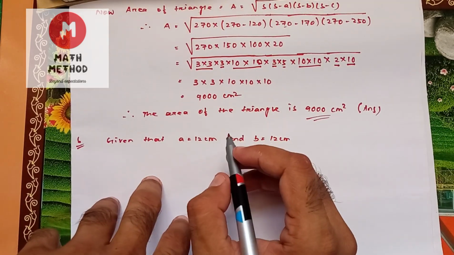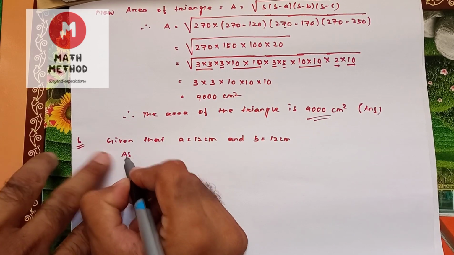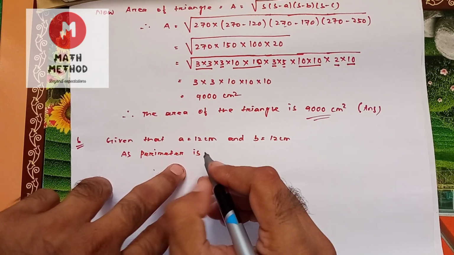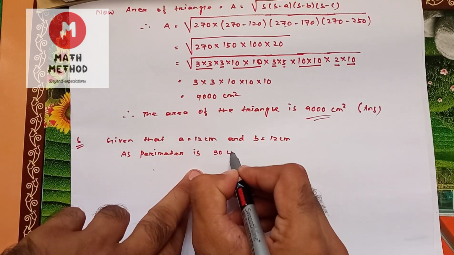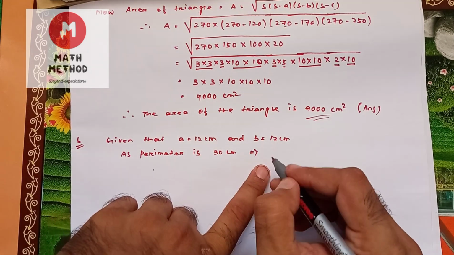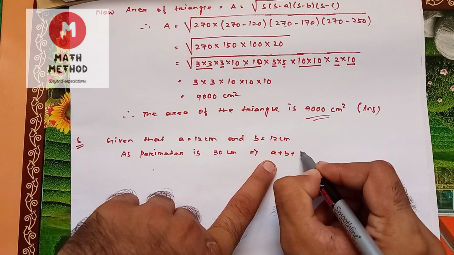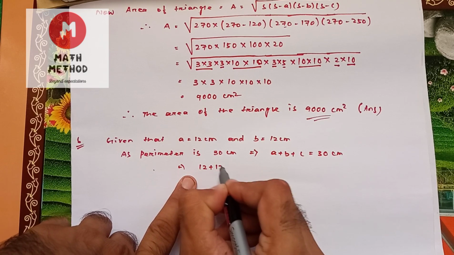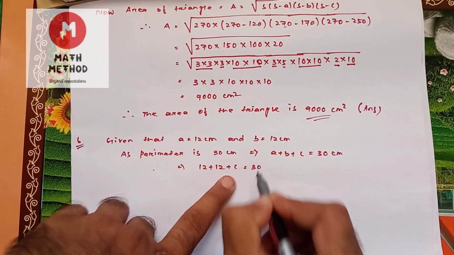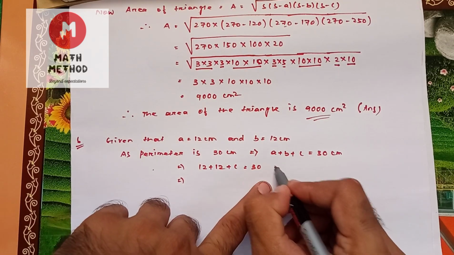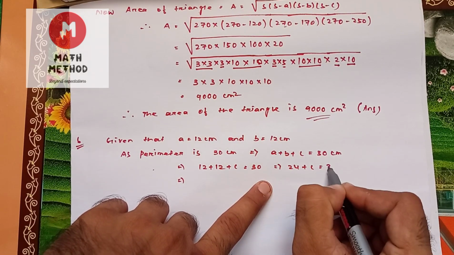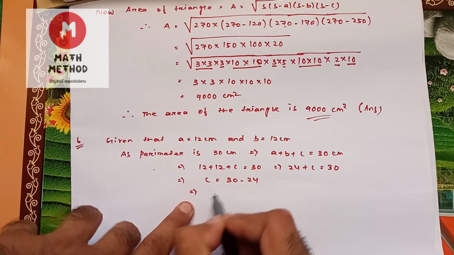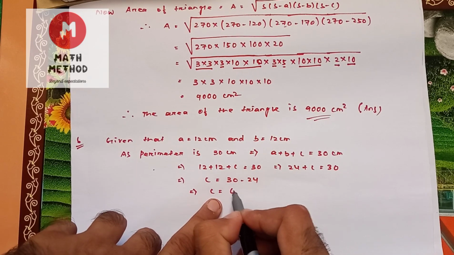Therefore, and perimeter is given as 30 centimeters. 30 cm implies A plus B plus C is equal to 30 cm, implies here A 12 plus 12 plus C is equal to 30, implies 12 plus 12 24, implies 24 plus C is equal to 30, implies C is equal to 30 minus 24, implies C is equal to 6 cm.